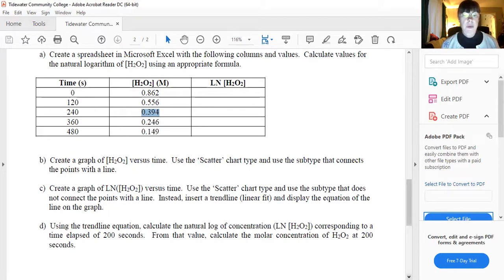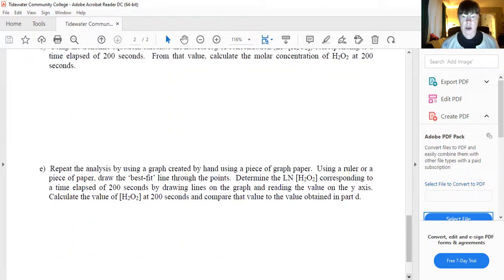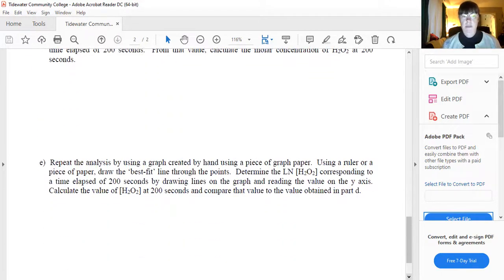The final piece of calculation is do the graph again, but do it on an actual sheet of graph paper. Take your straight edge, your ruler, or anything with a straight edge. Do your best eyeball fit. And then see what it seems to indicate your value is for the 200 seconds.